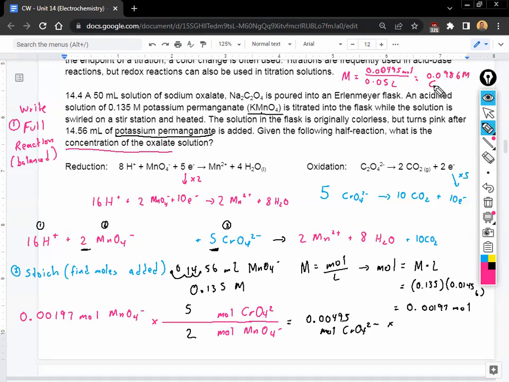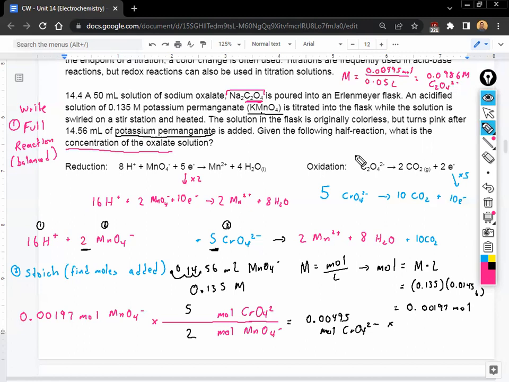This is technically for your oxalate, the C2O4 2-. But if you notice, there's only 1 mole of that inside of sodium oxalate, so we can keep the same answer. If we were looking for sodium, we would have to double that because there are 2 sodiums per sodium oxalate. But since we're just looking for oxalate, we can keep it 1 to 1.